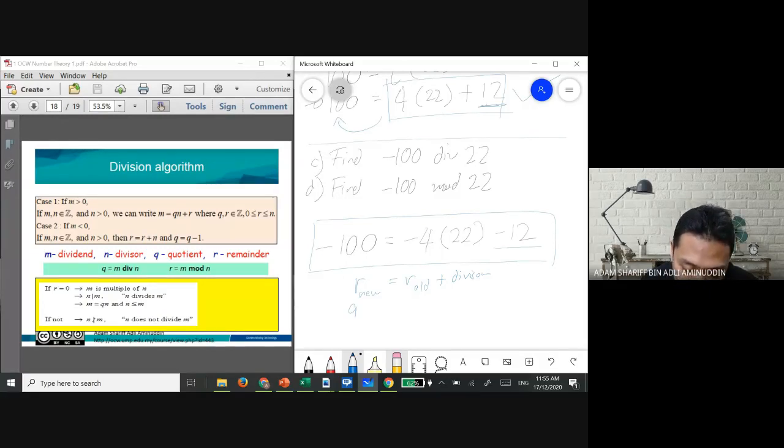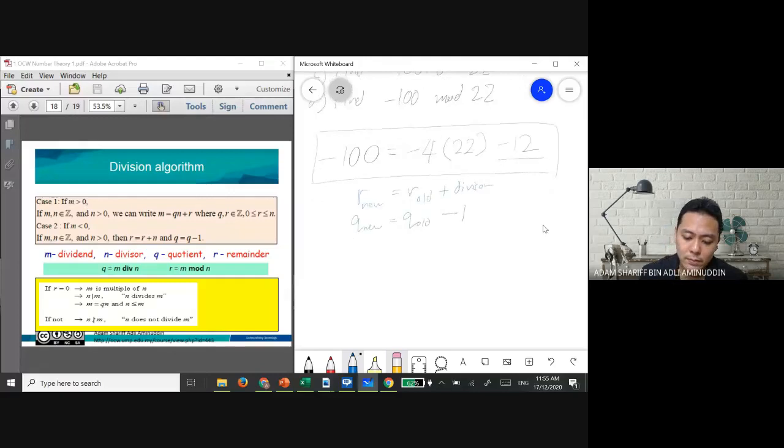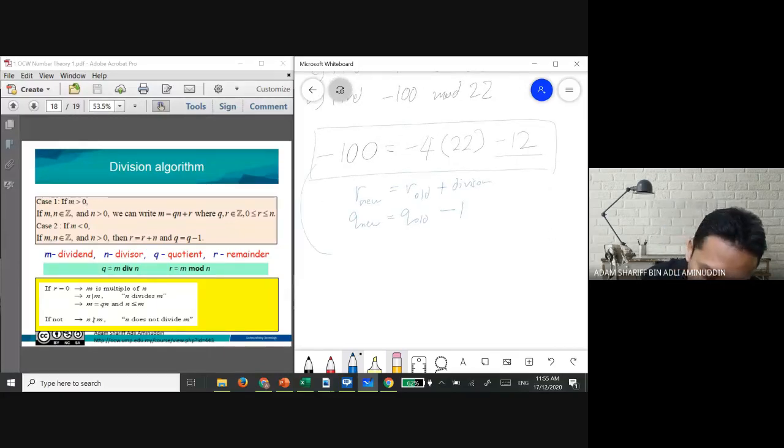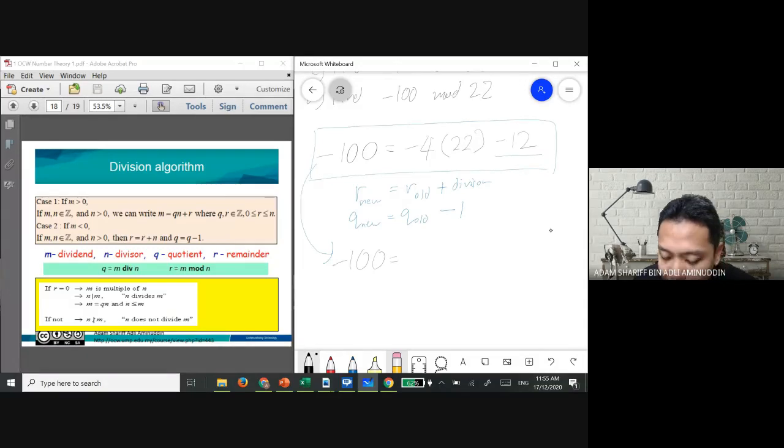Whereas for the quotient, the new quotient is equivalent to the old quotient, you need to minus one more. Okay, by using these tips, negative 4 is the Q right now. You minus one more. Negative 4 minus 1 becomes negative 5.